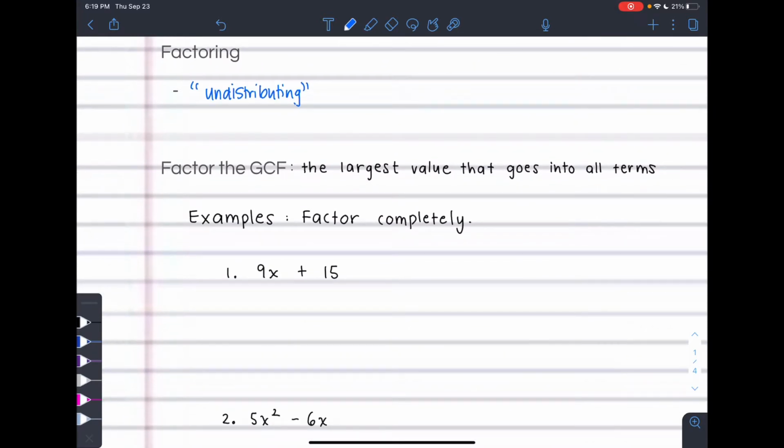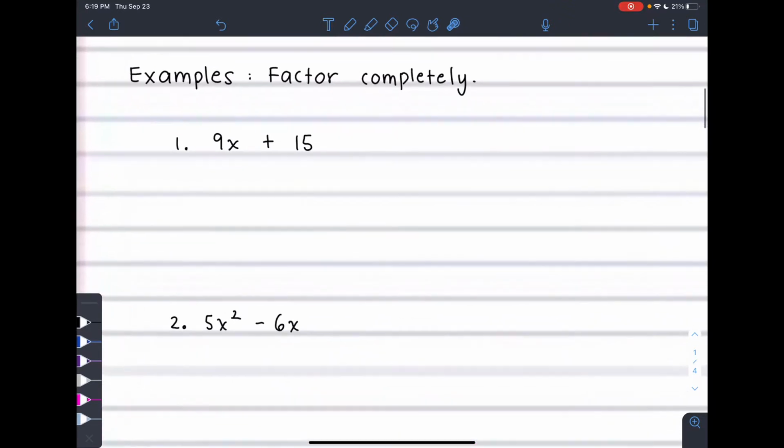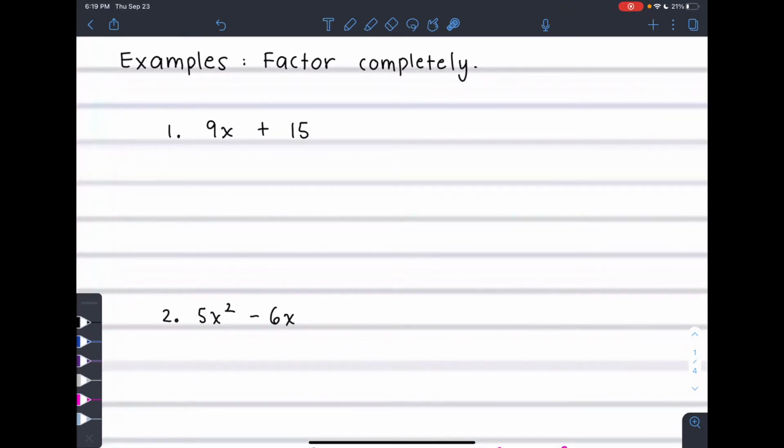So specifically with factoring out the GCF, you want to find the largest value that goes into all terms of your polynomial. So looking at number 1, imagine we want to factor this completely. Between 9x and 15, I'm thinking of the number that can go into both evenly. What's the biggest number that goes into both evenly?